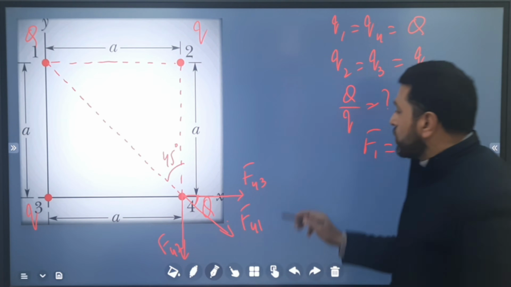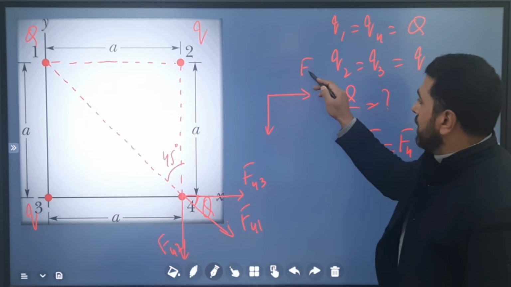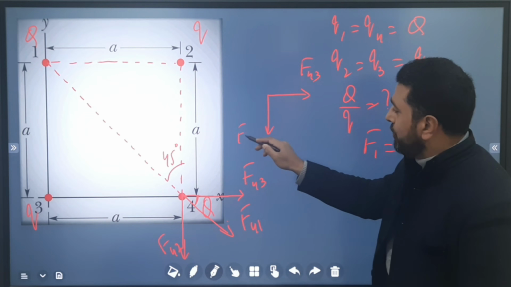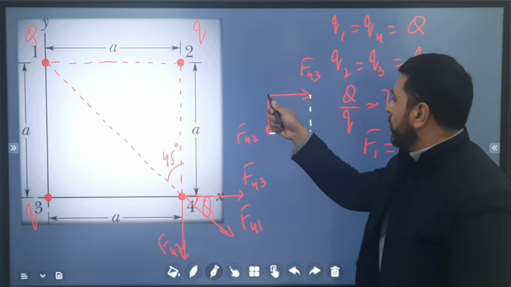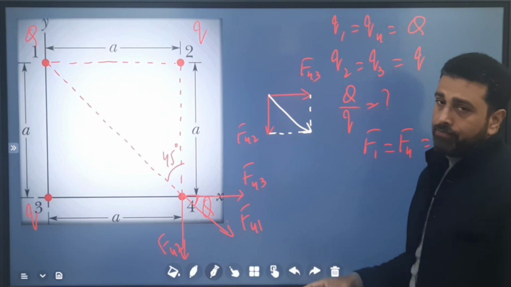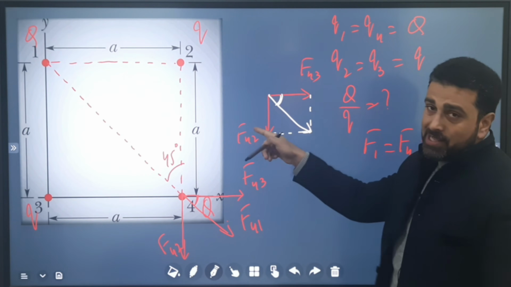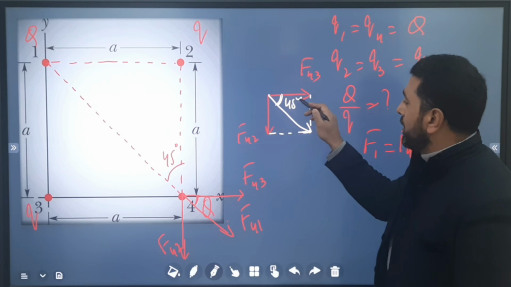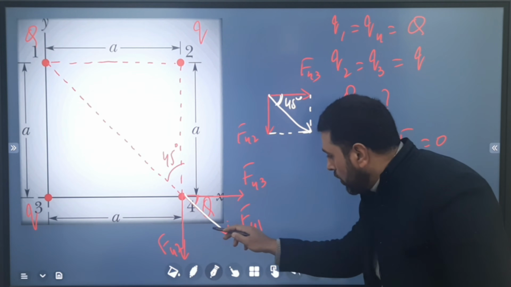If force magnitudes are same, this is F43 and this one is F42, then the resultant force is here. This parallelogram becomes a square because the two sides are same. So this angle is also 45 degrees, meaning the resultant of these two forces is along this line.